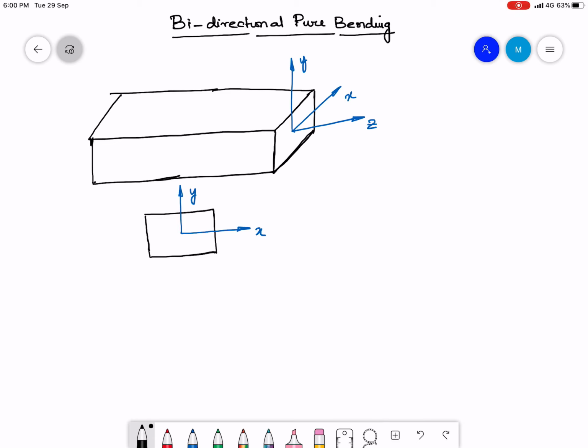So the knowledge of unidirectional bending of beam is a prerequisite to what we are going to talk in this lecture. So therefore I thought we should start with a brief recap of unidirectional bending.